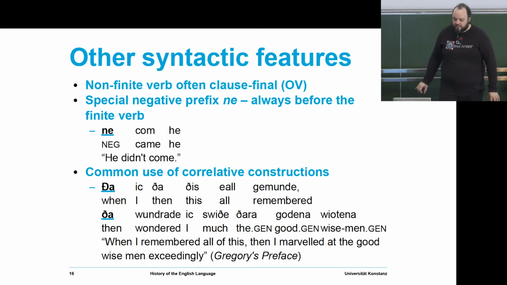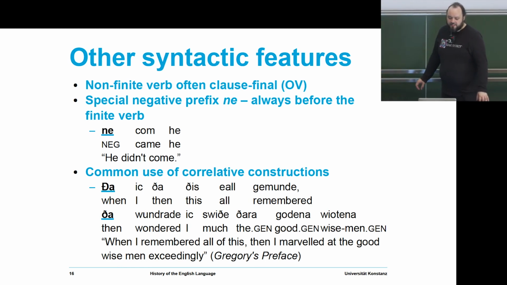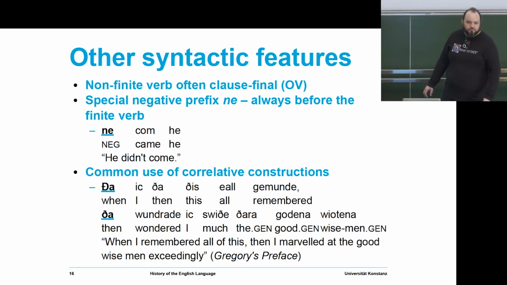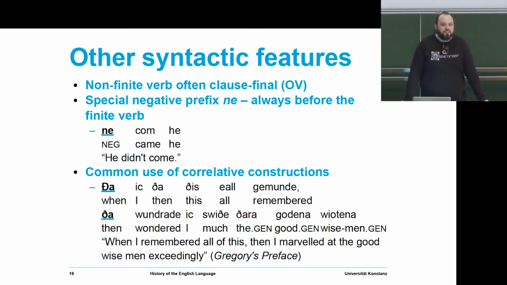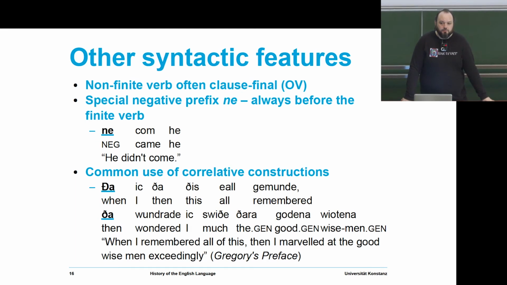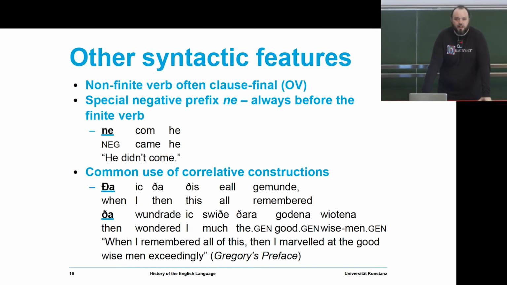When I remembered all of this, then I marveled at the wise men. And here, the actual word is exactly the same. The word for when is the same as the word for then, introducing subordinate clauses. It's the word tha. The only difference is that one is capitalized and one of them isn't. So tha, blah, blah, blah, tha, blah, blah, blah.